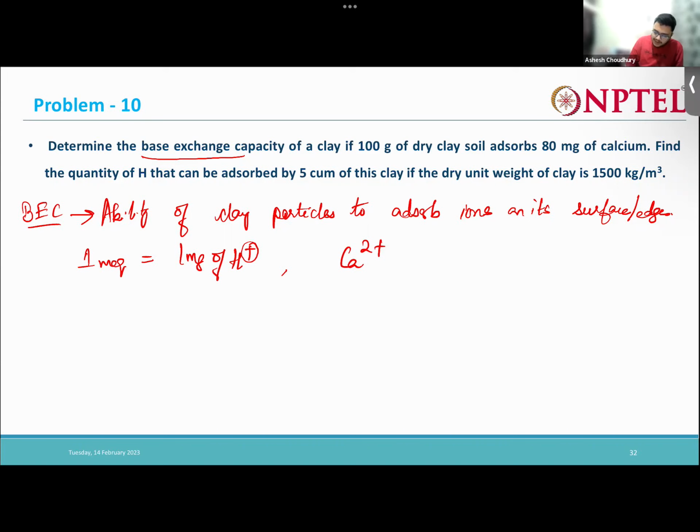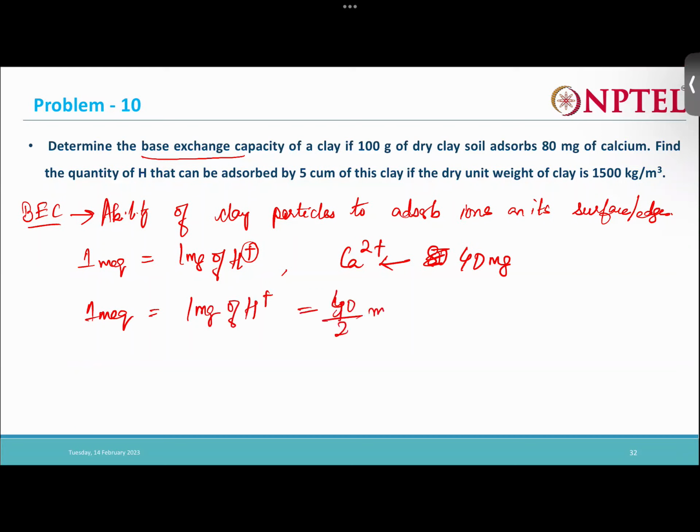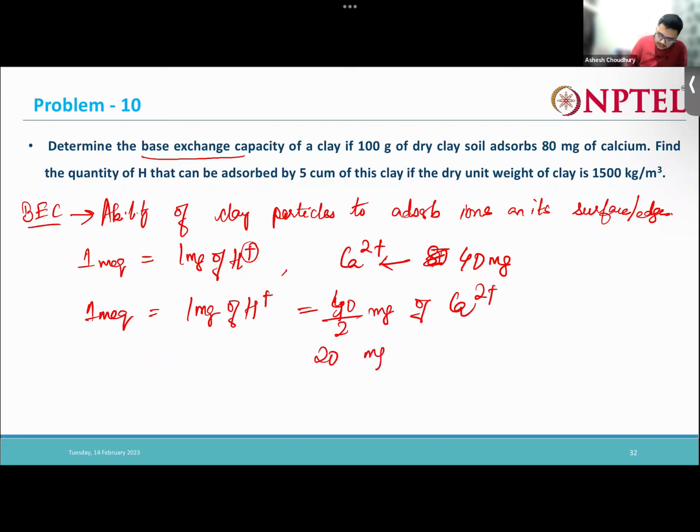What is the atomic weight of calcium? Sorry, it is not 80, it is 40. So if 1 milliequivalent is equivalent to 1 milligram of H plus, then it will be equivalent to 40 divided by 2, that is 20 milligram of Ca2 plus.